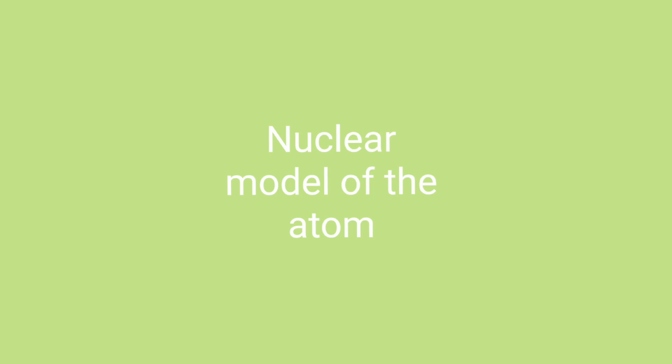We will discuss this model of the atom in detail in the next classes, and that will be uploaded on this YouTube channel. But we can consider this experiment and its success as a milestone in the history of searching for the structure of the atom.